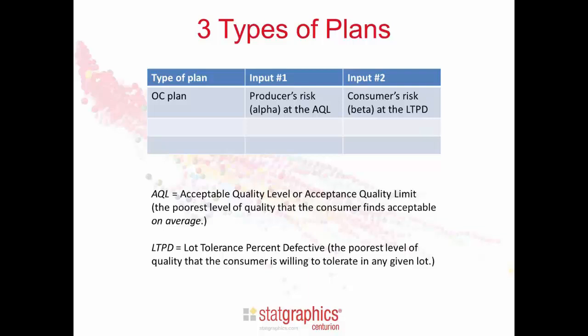The LTPD is the poorest level of quality that the consumer is willing to tolerate in any lot. AQL is the poorest level of quality the consumer accepts on average. The LTPD is the poorest level of quality that the consumer is willing to tolerate in any given lot.